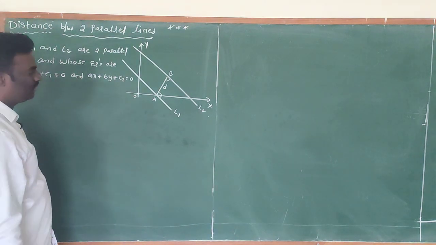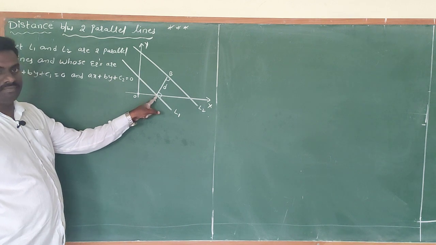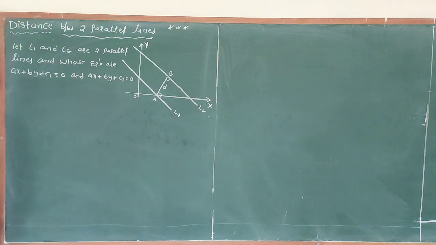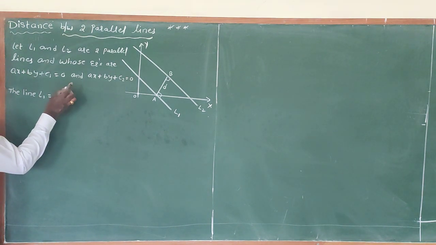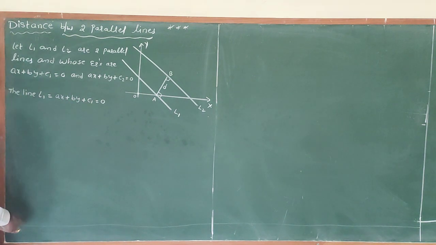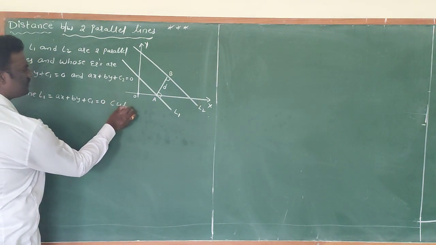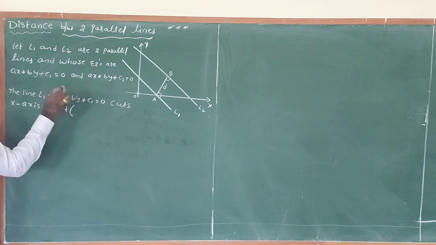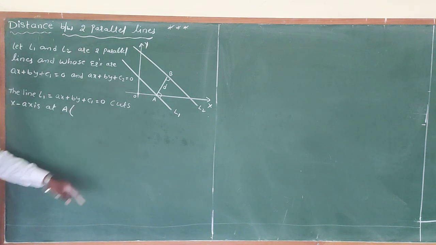Now I am finding a point. A point lies on which axis? X axis. Okay, next. The line L1, that is nothing but Ax plus By plus C1 is equal to 0, cuts x axis at a point A. Already we discussed what is A point?